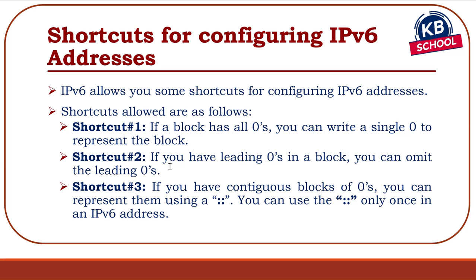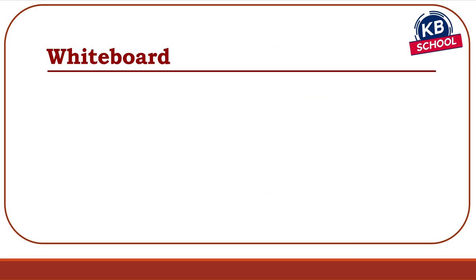All right, now that I'm done with that, let's go to the second one. The second shortcut that you can have, if you have any leading zeros in a block, you can omit the leading zeros and write the number without the leading zeros. Let me talk about what the leading zeros are versus the trailing zeros. So let's write another example for that.